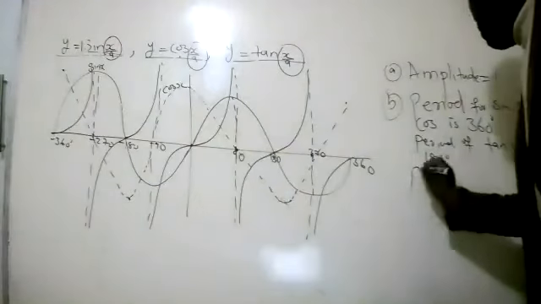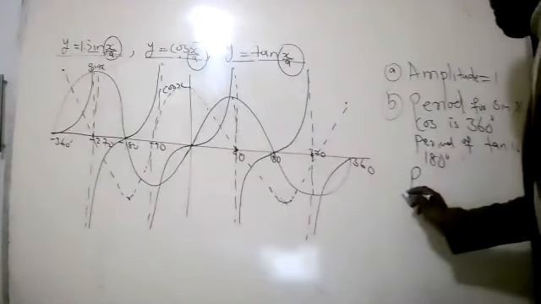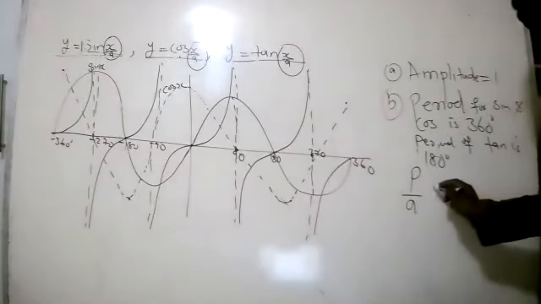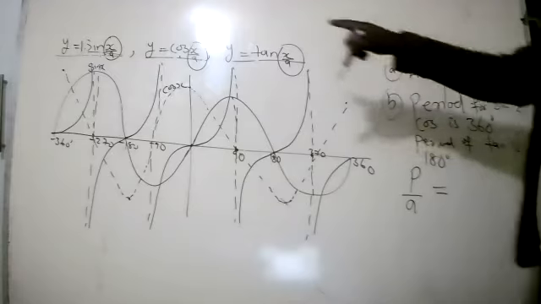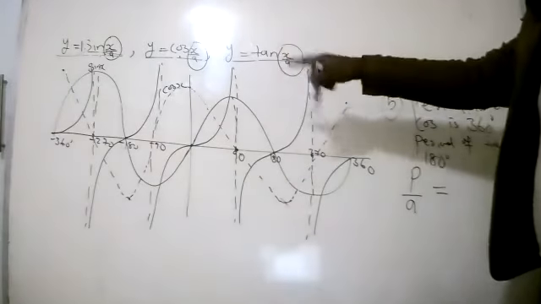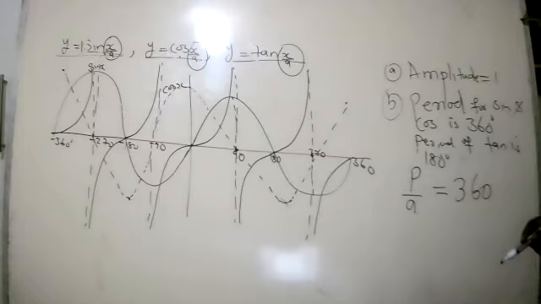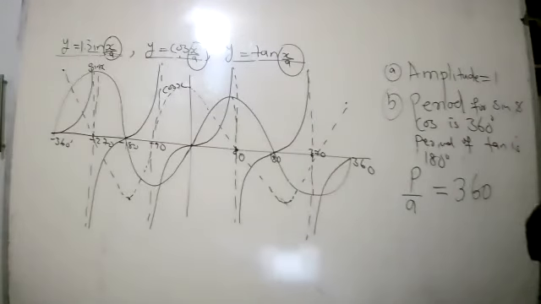So we say the period must then be divided by that value of A, and this must be equal to the original period. If we're dealing with the cos and the sine, this is going to be equal to 360. Let me repeat this again.